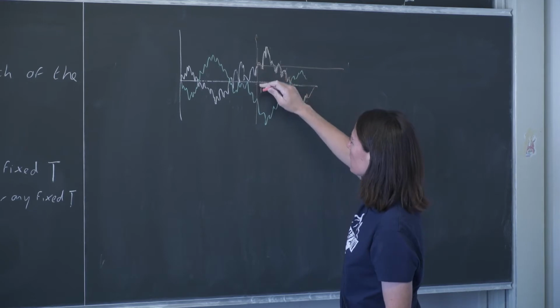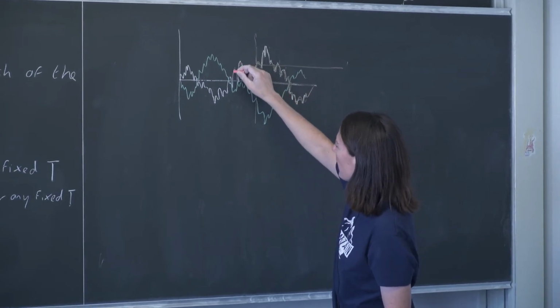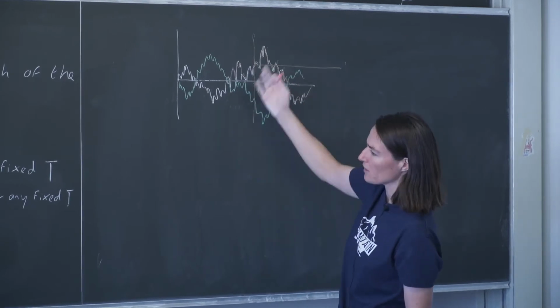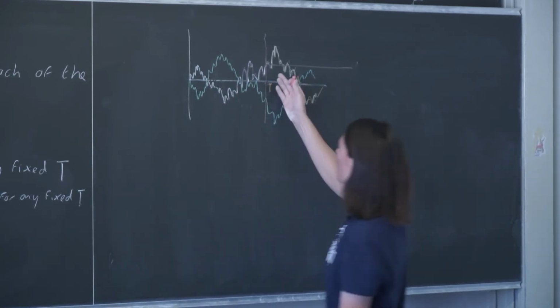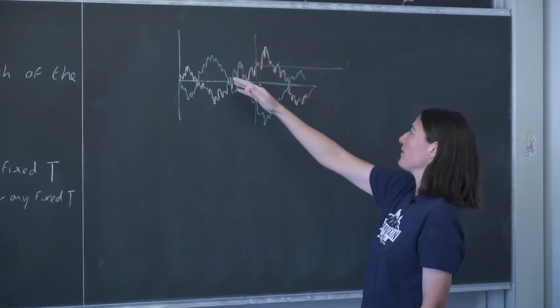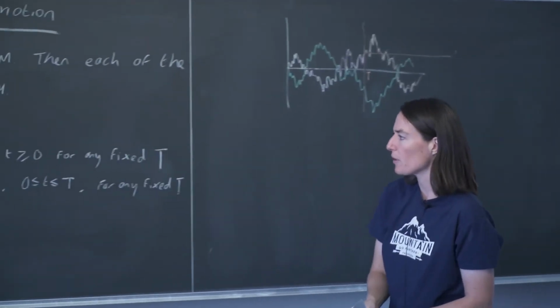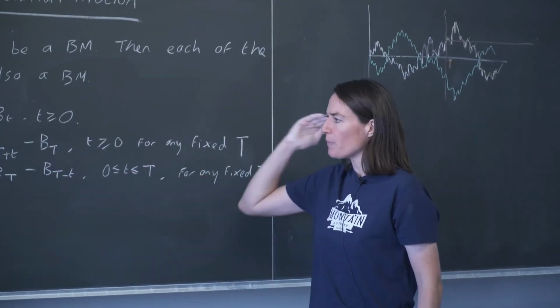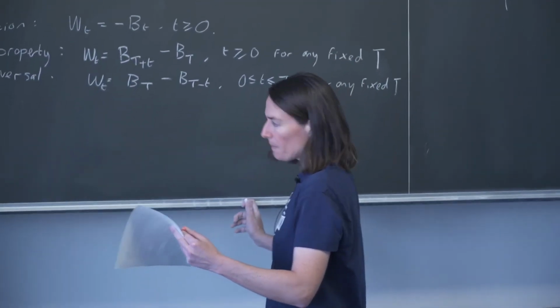I take it down so it starts at 0, and then I follow this process backwards in time. Well, it's the reflected process backwards in time. So I'm subtracting, and what I argue is if I then flip that forwards, that itself also looks like a Brownian motion. Okay, so essentially Brownian motion run backwards in time also looks like Brownian motion.